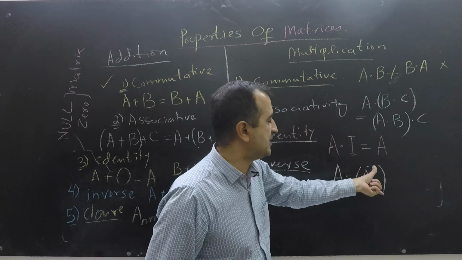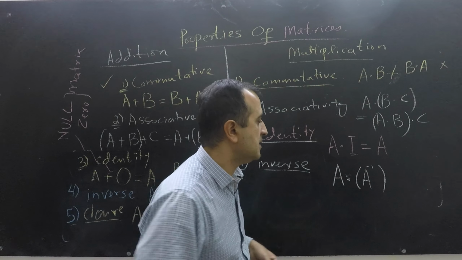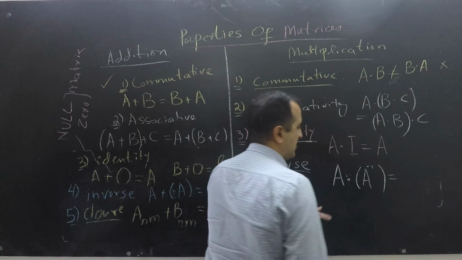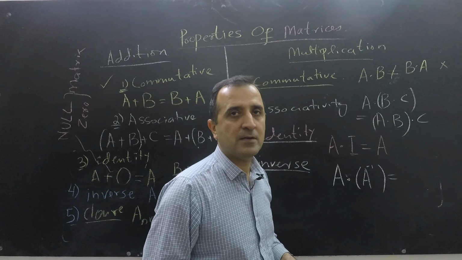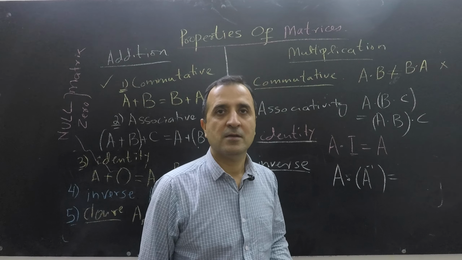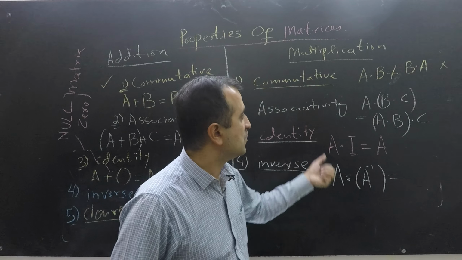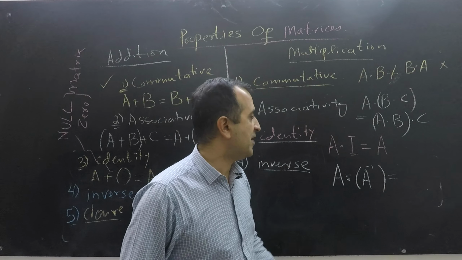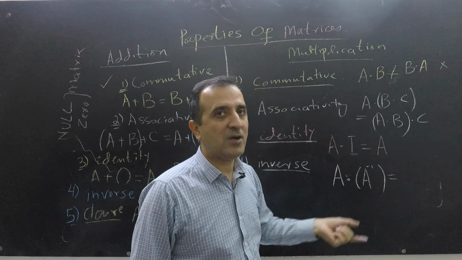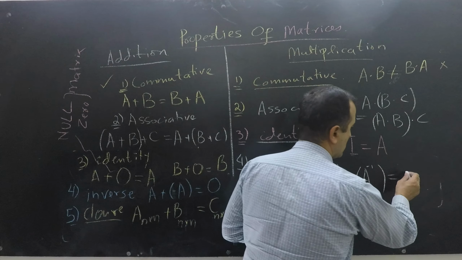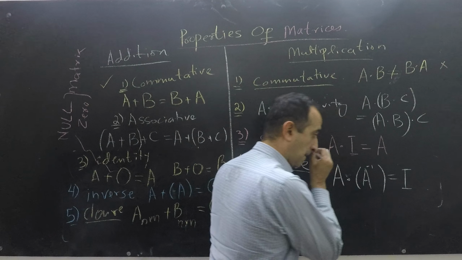This is how we represent the inverse in case of multiplication. And if the inverse exists, our answer will be what? Null matrix? No, the null matrix was in case of addition. In case of multiplication, our answer is going to be the identity matrix.